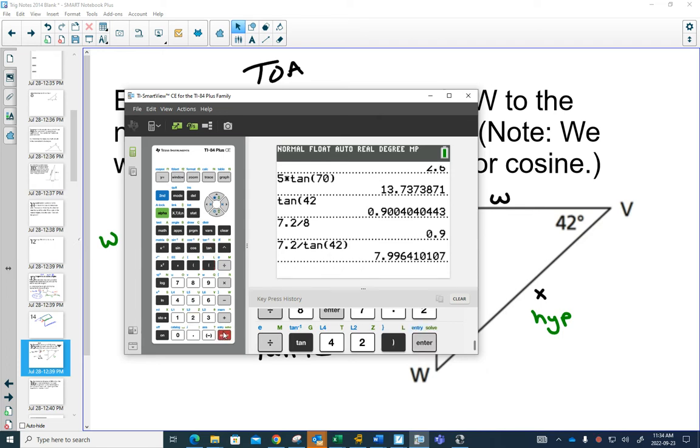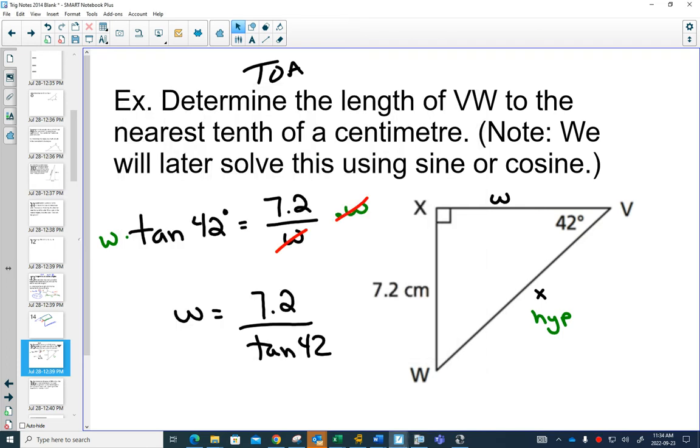Enter. 7.996. That's the algebra way of figuring out that W has to be 8. So I can write on my diagram that I now know that W equals 8. Well, that's rounded, but pretty close to 8.